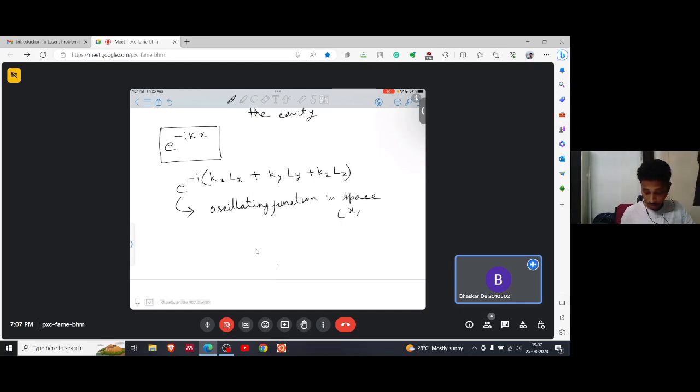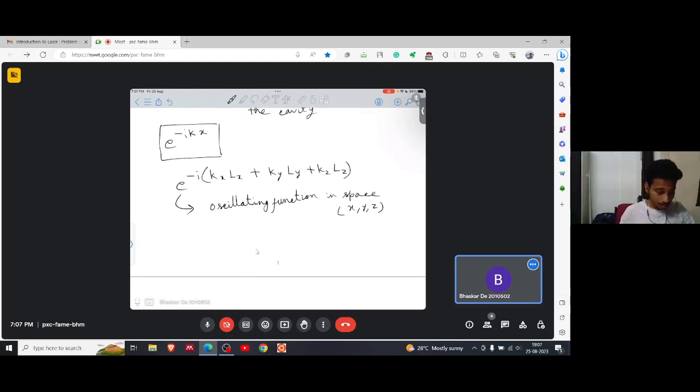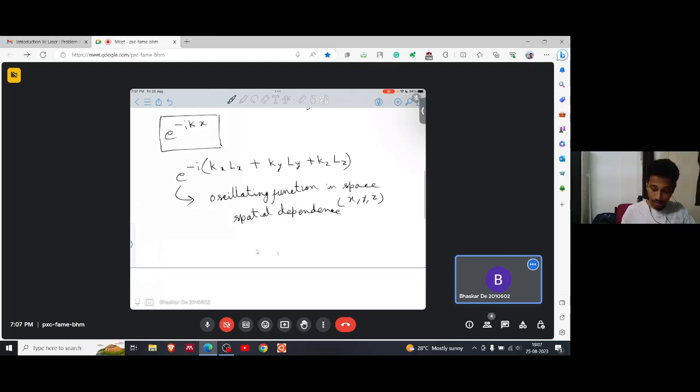Space means x, y, z. And when we are talking about the number of modes in a cavity, we will be bothered about the spatial dependence. So this is the part where the electromagnetic wave is oscillating in space.